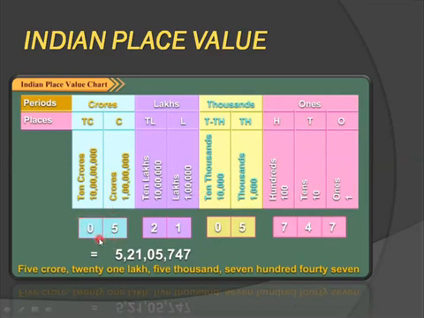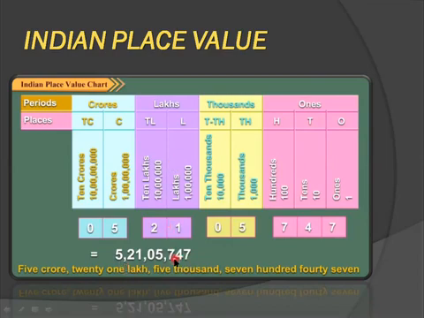For example, here they have given one example: in the 10 crores place 0, crores place 5, 10 lakhs place 2, lakhs place 1, 10,000s place 0, thousands place 5, hundreds place 7, tens place 4, and ones place 7. So how will we read this number? First we write this number like this, and you know that after the ones period we place a comma, after the thousands period we place a comma, and after the lakhs period we place a comma.